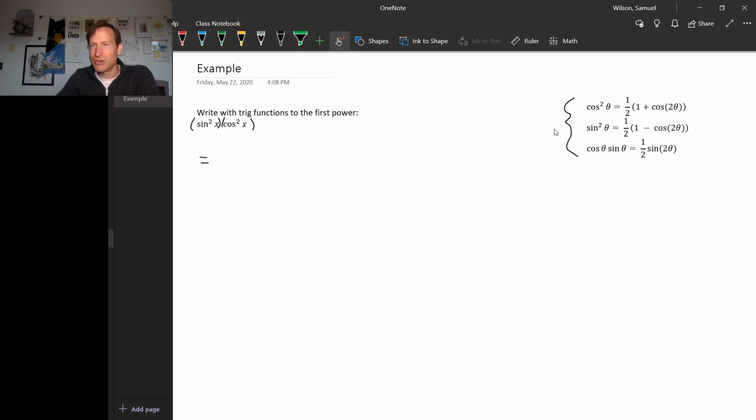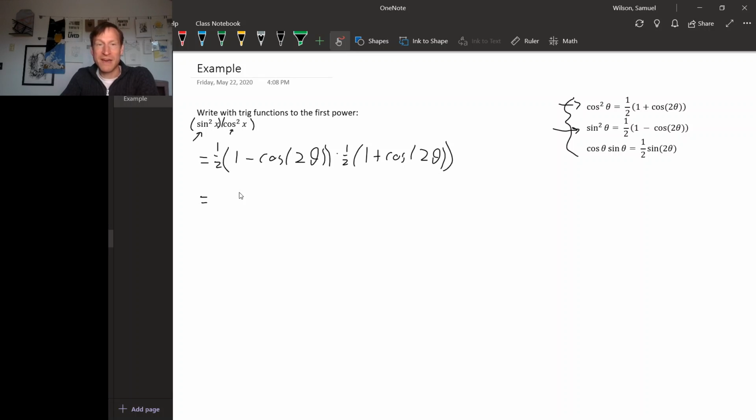So we can use our sine squared identity for this first piece. So that gives us 1/2 (1 minus cosine 2 theta) times, and now we can use the cosine squared identity for this cosine squared. We get 1/2 (1 plus cosine 2 theta).